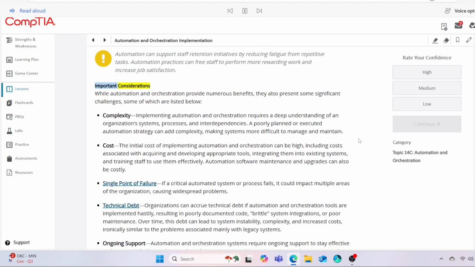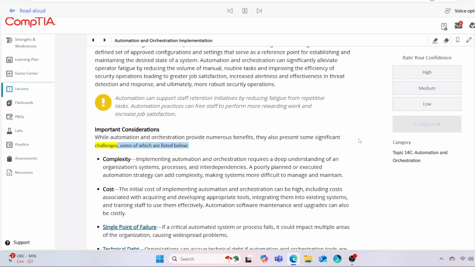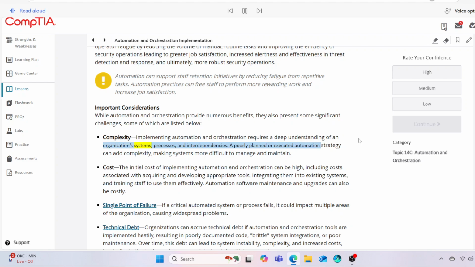Important considerations. While automation and orchestration provide numerous benefits, they also present some significant challenges, some of which are listed below. Complexity. Implementing automation and orchestration requires a deep understanding of an organization's systems, processes, and interdependencies.